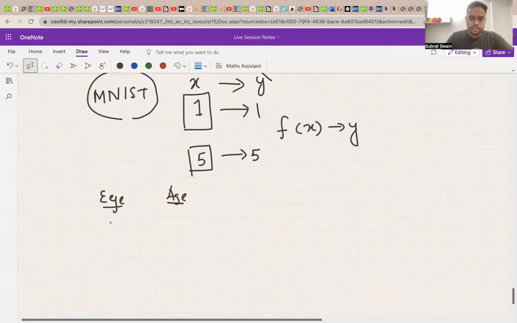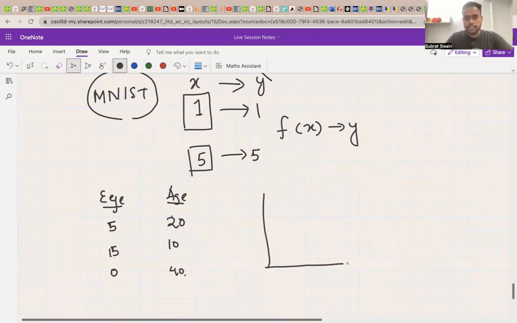If the eye power is 5, let's say, the age is 20. If the eye power is 15, the age is 10. If the eye power is 0, let's say the age is 40. So you can see that the change is linear, right?